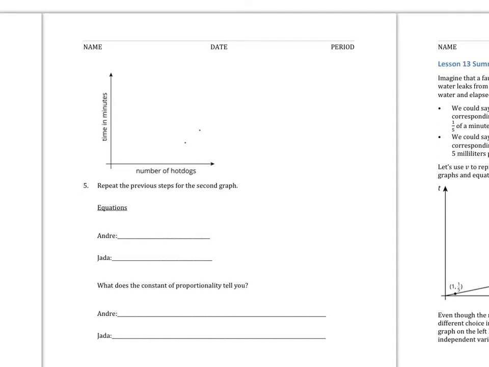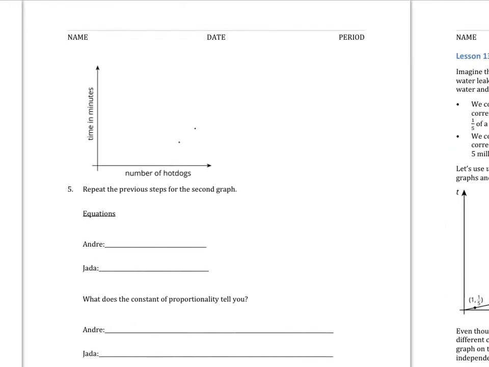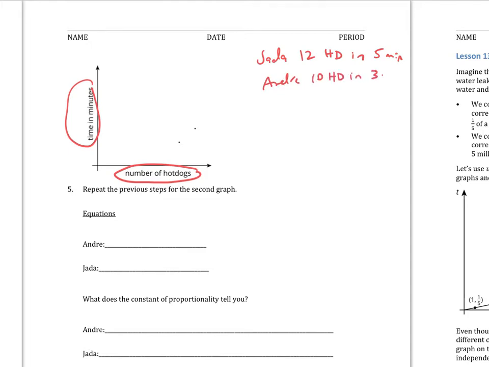Now, this next situation is flip-flopping it. So instead of minutes being on the x-axis, hot dogs are now on the x-axis and minutes are on the y-axis. So if we think back to our original information, it said that Jada ate 12 hot dogs in 5 minutes and Andre ate 10 hot dogs in 3 minutes.